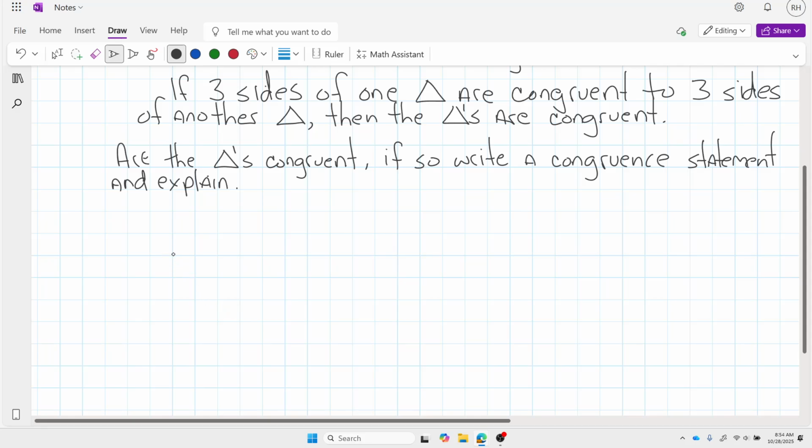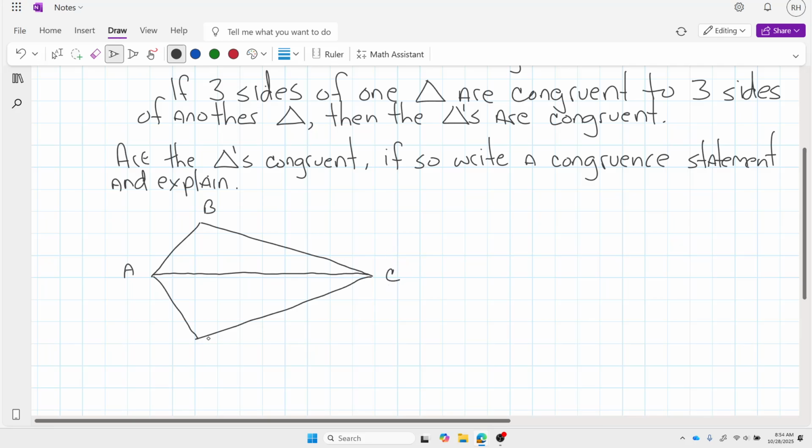So if we look at two triangles, and we've got AB congruent to AD, and BC is congruent to CD.